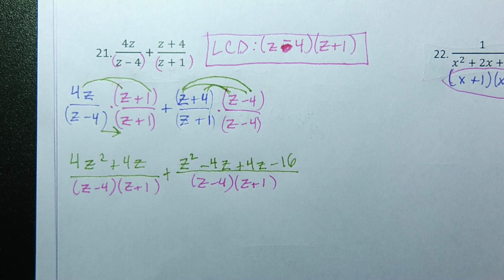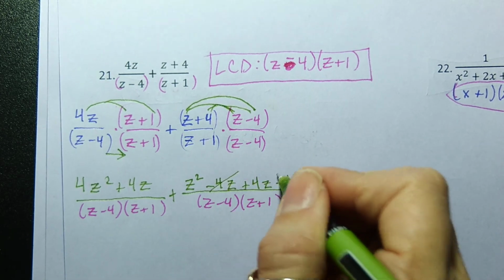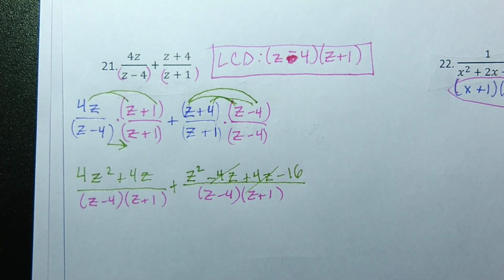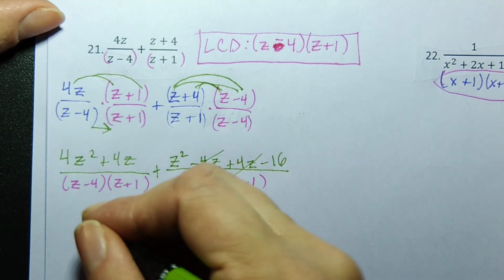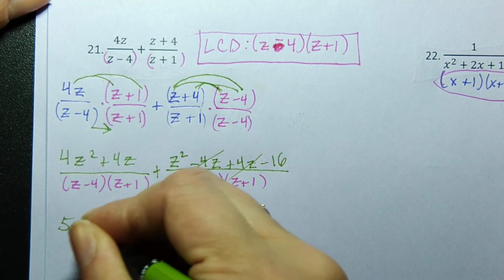All right, folks, from here, do we have any like terms or any simplifying that we can do? Yep, goodbye to negative 4z and positive 4z. Folks, if I have 4z squared plus a z squared, how many z squareds is that? 5z squared.